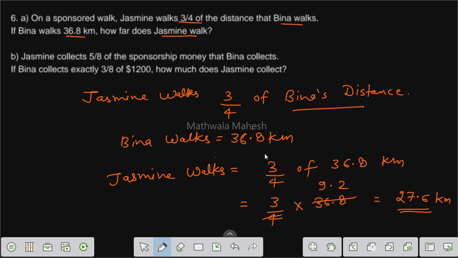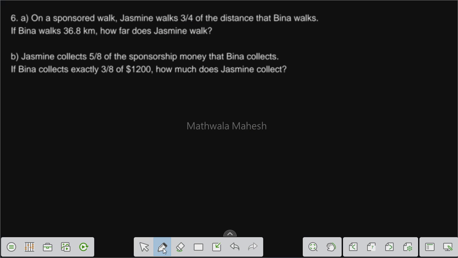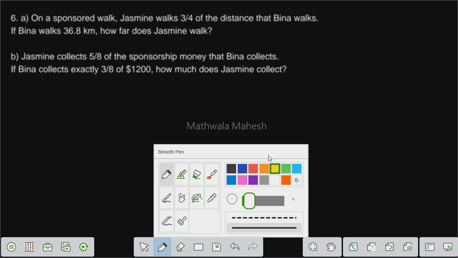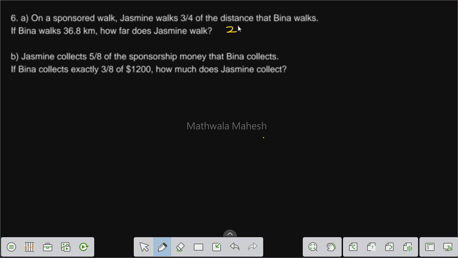So this one is the correct answer. 27.6 kilometer Jasmine walks.